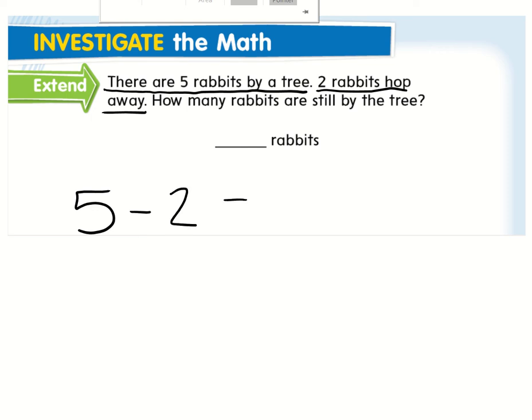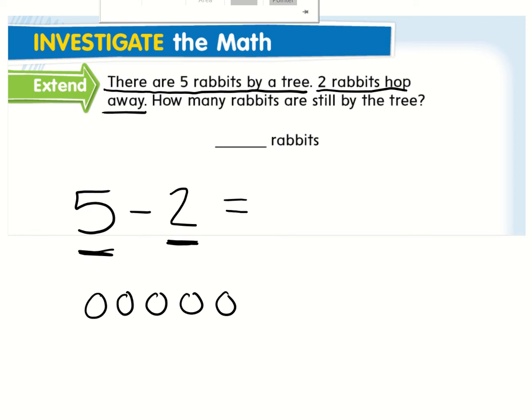And we need to figure this out by drawing a picture. Now the biggest thing that we need to know with subtraction, we are going to be starting off by drawing our biggest number, which is going to be 5 right here. I'm going to draw 5. 1, 2, 3, 4, and 5. Now the only thing that's different here, boys and girls, is that we are not drawing the number 2, because we're not getting a bigger number, we're getting a smaller number.